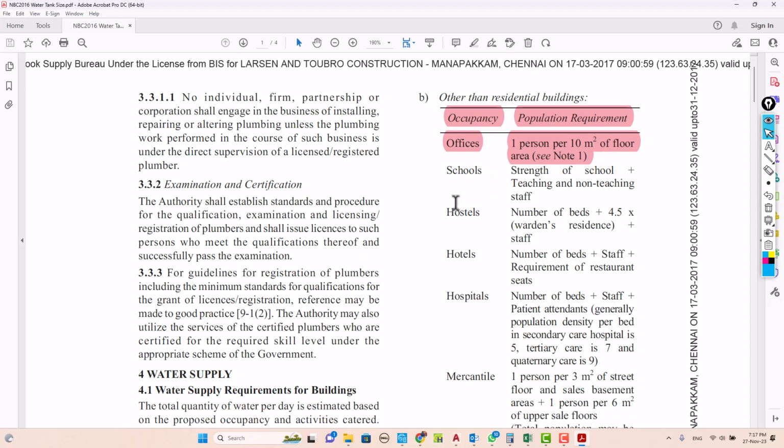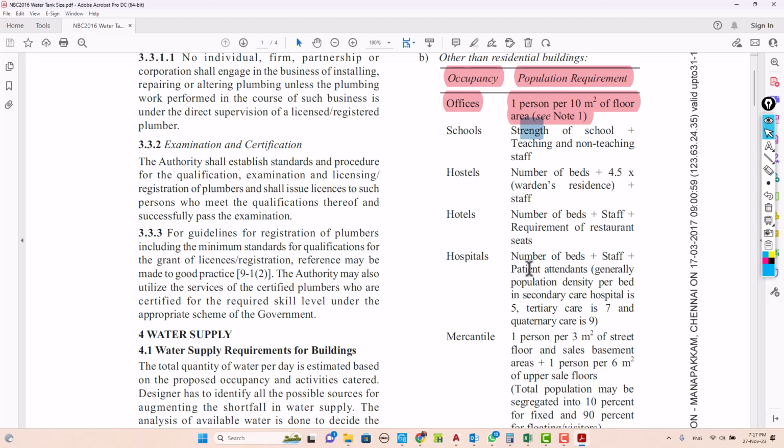If it is a school, then the strength of the school and the teaching and non-teaching staff we have to count. If it is hostels, hotels or hospitals, these are different things. If hospitals, then the number of beds, and staff and patient attendance. Generally the population density per bed in a secondary care hospital is 5.